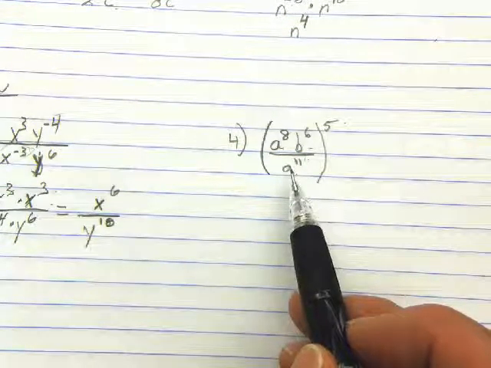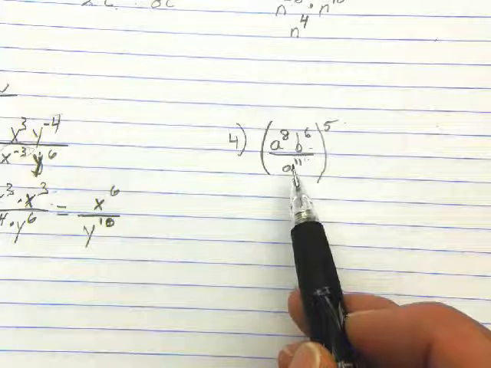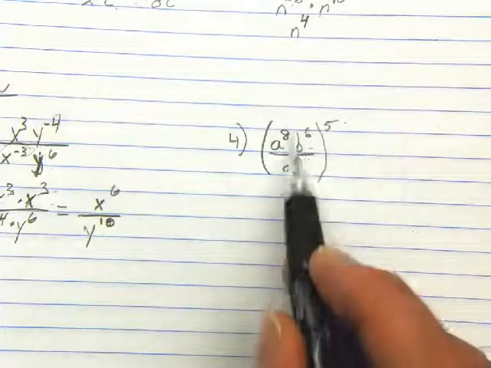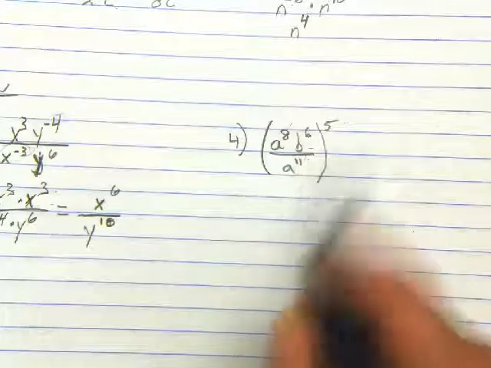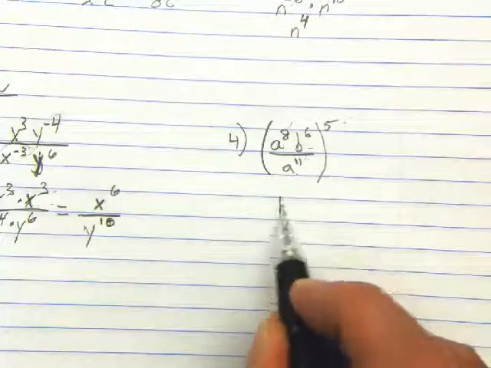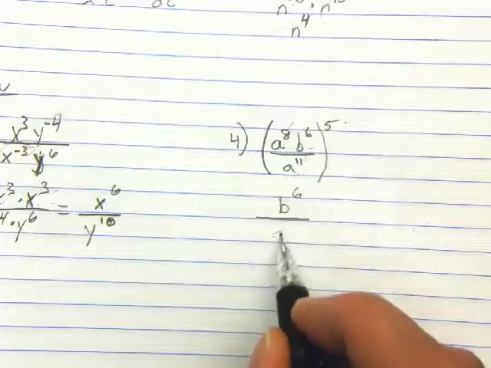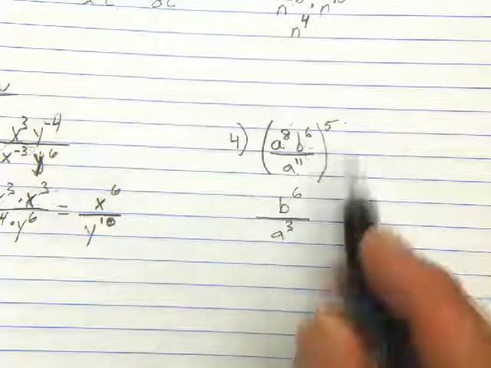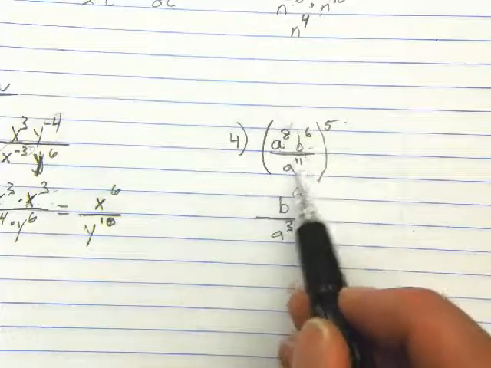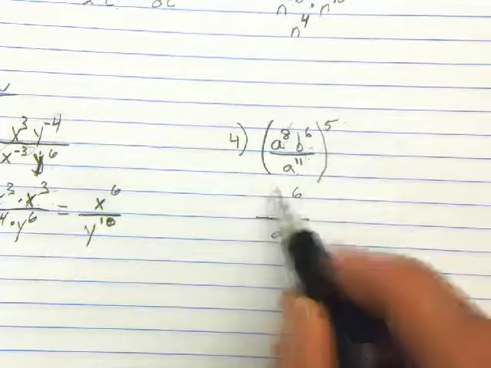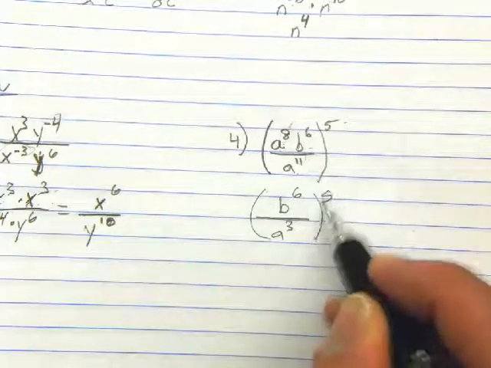So these guys here are going to take away from down here. So what I'll have is I'll keep the b to the 6th power up top. But this is now going to become a to the 3rd, because I'm going to take away these 8 from the 11. All right? I still have it to the 5th power, though.